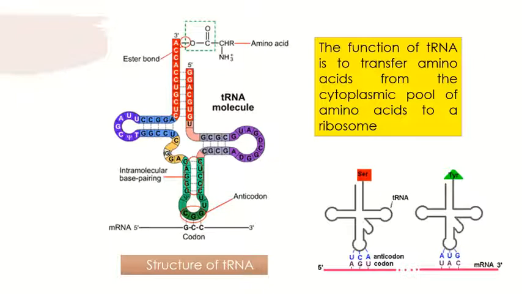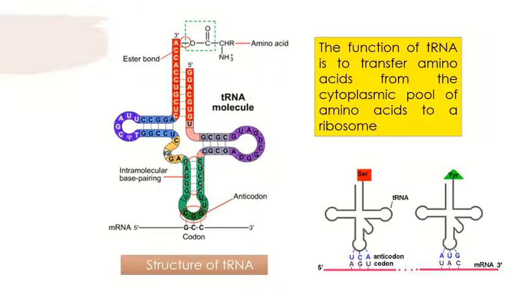So basically, if you have a single mRNA wandering around in the cytoplasm with the AGU codon, the type of tRNA that will come and bind to the AGU is the one carrying the amino acid serine. So the anticodon that can attach to that AGU codon is the anticodon UCA.